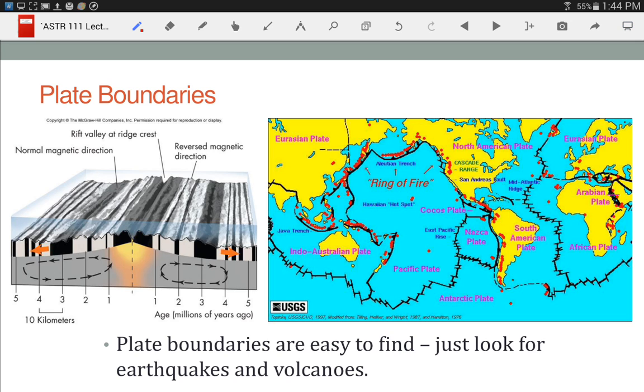And then they said, okay, let's use radiometric dating to calculate the age of the rock, and look at the orientation of the magnetic field. The magnetic field that's stored in the rock must be the orientation of the Earth's magnetic field when the rock froze. And so by looking at the magnetic orientation and the strength of the orientation, they can determine historical values for the Earth's magnetic field, both orientation and strength.